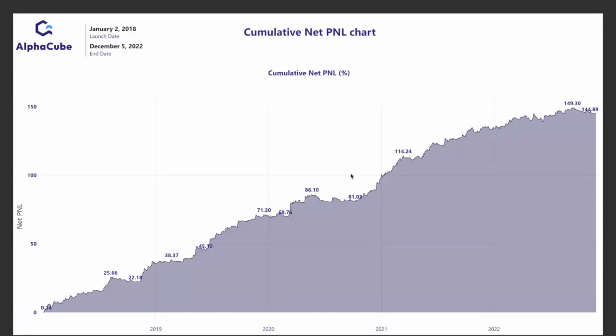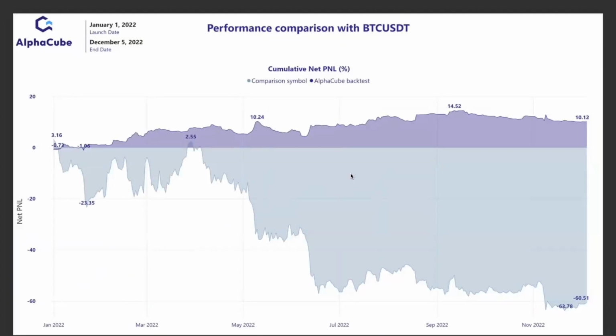It has 144% since 2018. This is a 31% annualized return. It's not so high, and probably you know that people interested in crypto are looking for highly volatile trading instruments, and that's why such low returns in the crypto sphere are not very interesting.